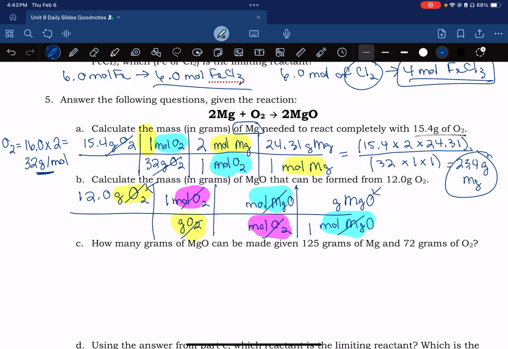Okay, but now we have to go in and plug in our numbers because there are a whole bunch of places where I haven't put anything in. So we need to have diatomic oxygen. We calculated the molar mass of diatomic oxygen earlier. It is 32.0, 16 times 2, because we have 2 atoms of oxygen. And now we need to find our mole ratio from our balanced equation.